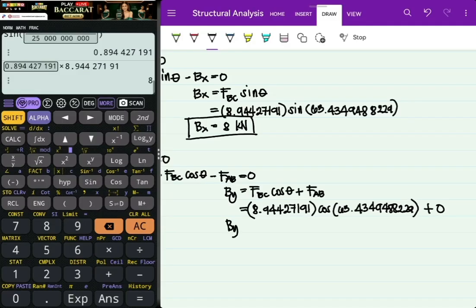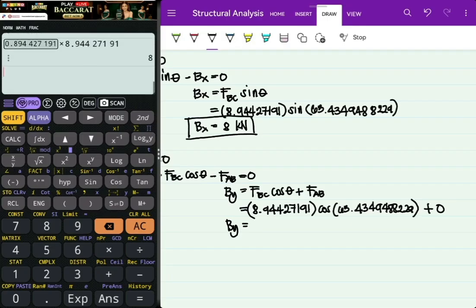So B sub Y is equal to, we have 8.94427191 cosine 63.43494882229.